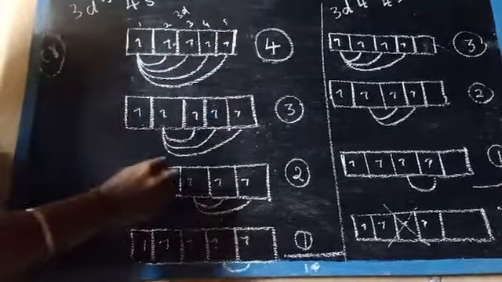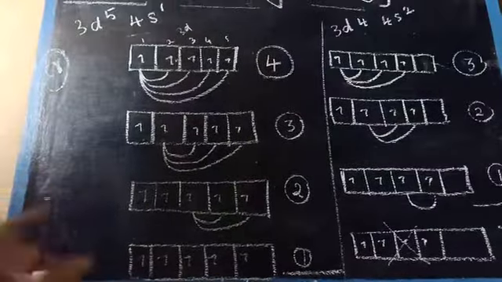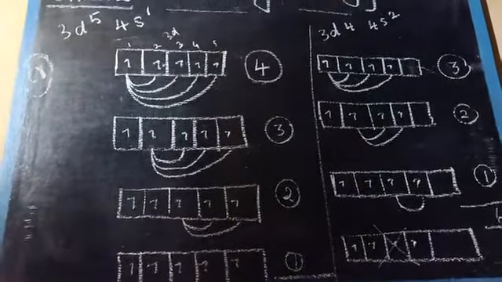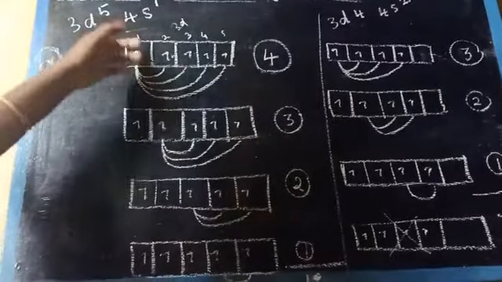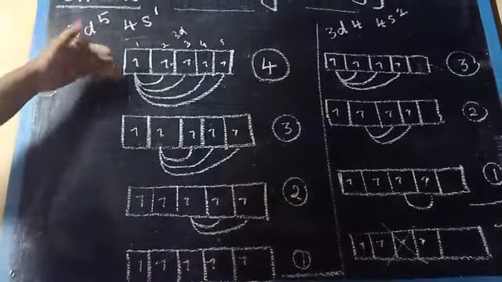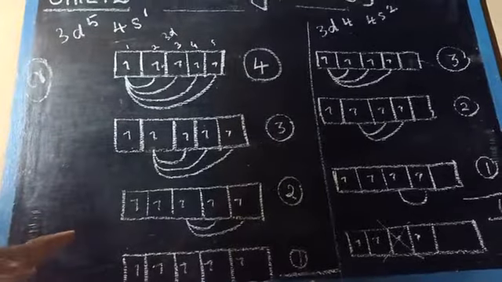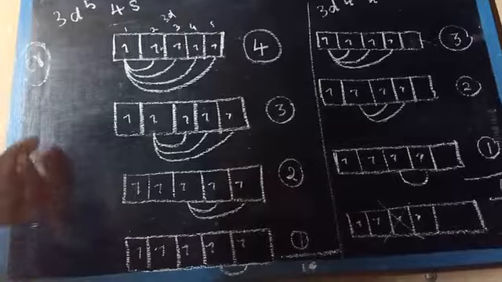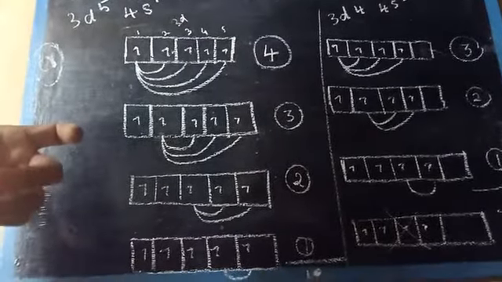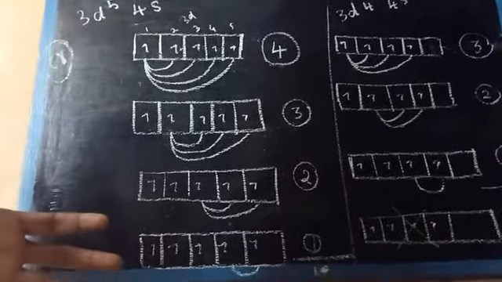Here also, here also, so pairing starts. Now the completely filled arrangement is possible. Pairing takes place, so this is another reason for more stability. Are you clear, children? Now you can understand why some elements behave as more stable.